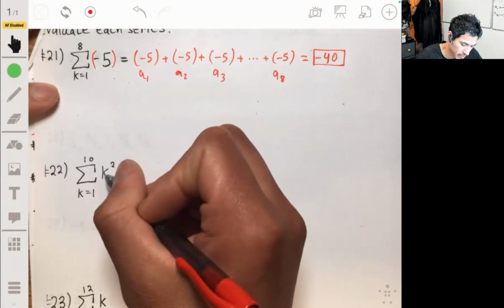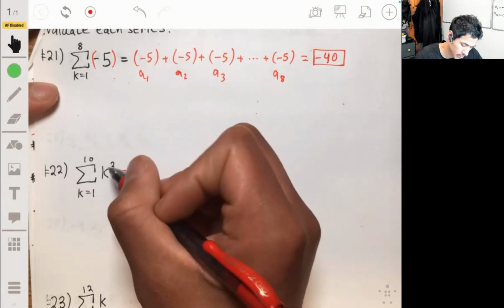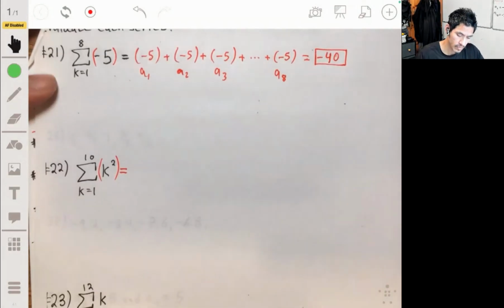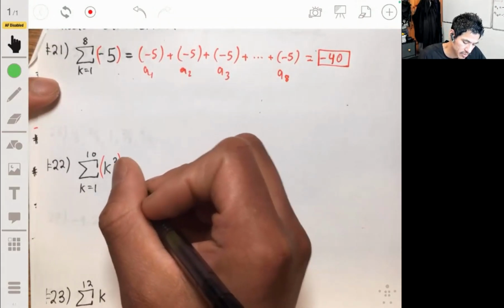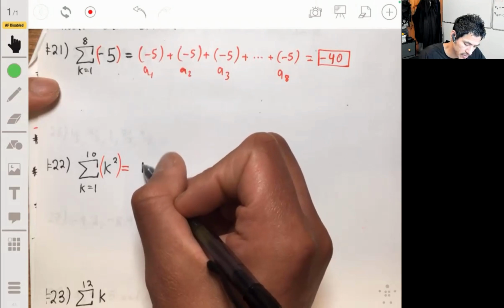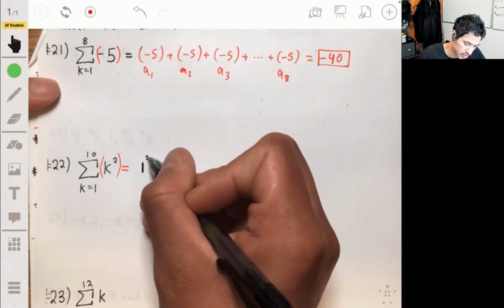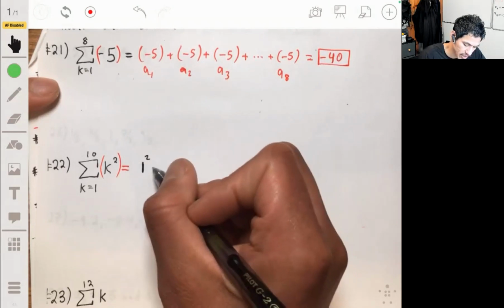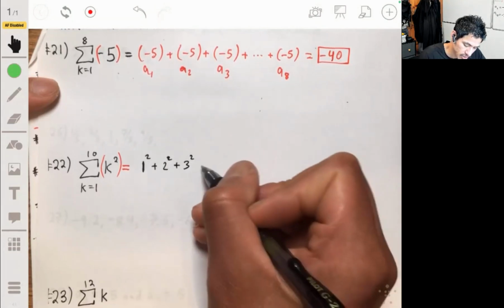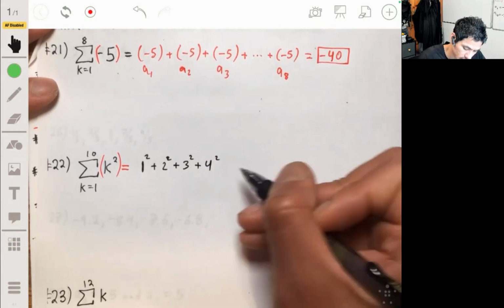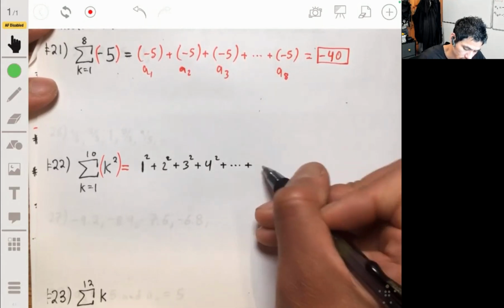Here we're given the k squared as how we can find a1, a2, a3. So we're just squaring each of the integers from 1 to 10. So we're adding 1 squared to 2 squared to 3 squared to 4 squared, all the way to 10 squared.